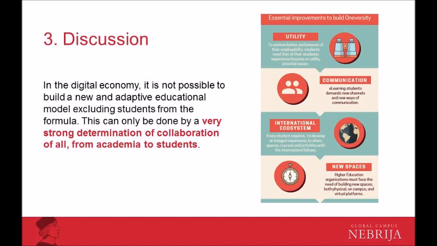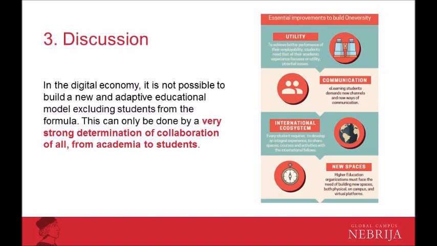So for the discussion, we have found what is essential: improvements to build Oneversity, one university for all. It's the utility and the performance of their employability, focusing on utility and practical issues, learning by doing, very practical things.